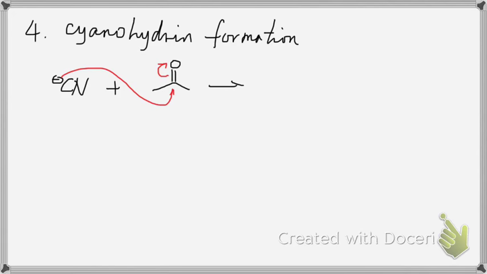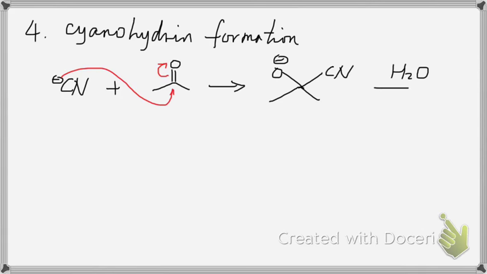The next reaction we will look at is called cyanohydrin formation. Here we use cyanide as the nucleophile to attack the C=O double bond, the carbonyl group. In cyanide ion, the negative charge is on carbon, so it's one form of a carbanion.